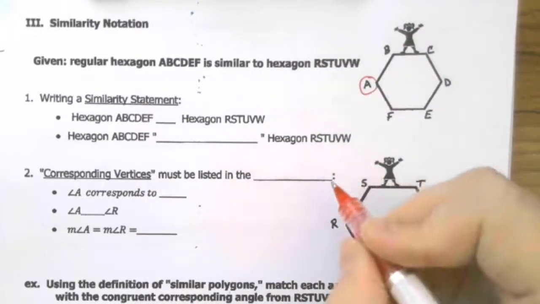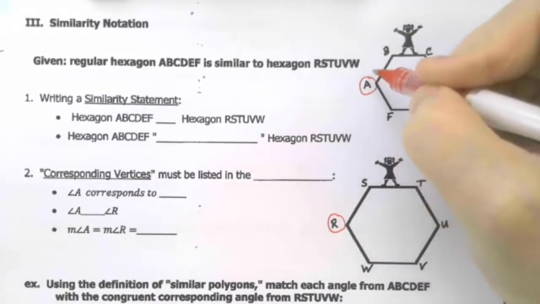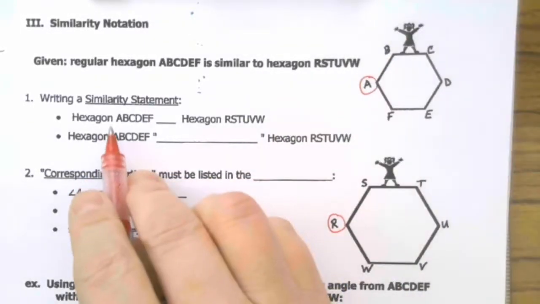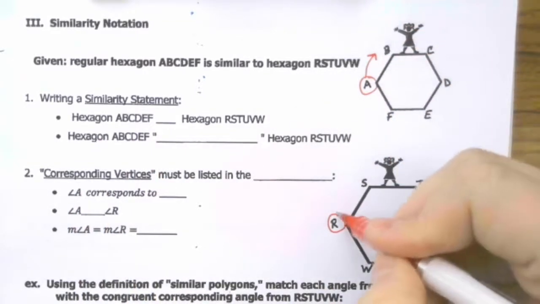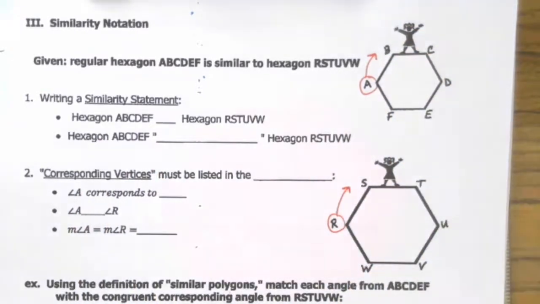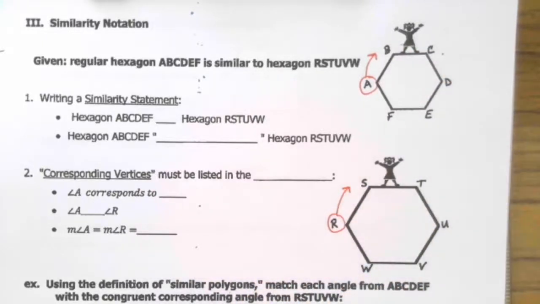So if A and R are matching angles, then they also have to go in order. So if we're starting with A, B, C, D, E, F on this figure, that would be clockwise. So on the similar figure, it must also go clockwise, R, S, T, U, V, W. The order has to line up just like a congruency statement. The vertices must line up.